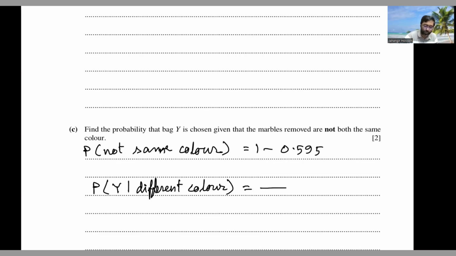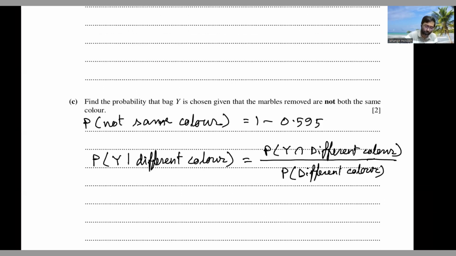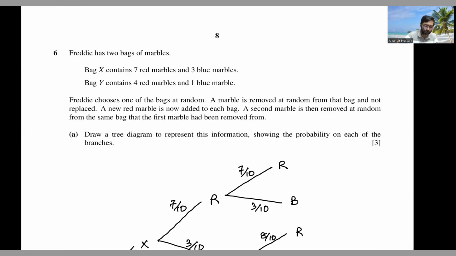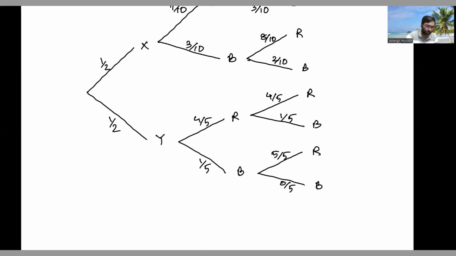Okay, so it is conditional probability. The probability of the condition will be in the denominator: different color. The numerator will be Y intersection different color. Now, what is the probability of this? If you look at the tree diagram, we are picking from Y and it will be different colors.